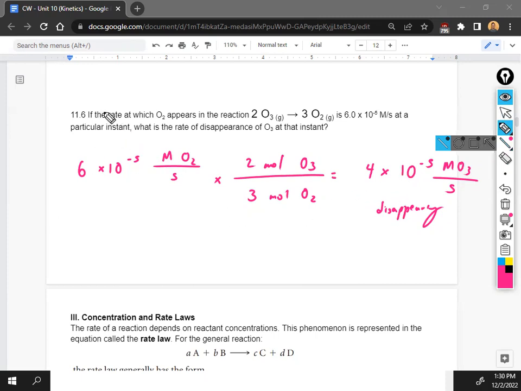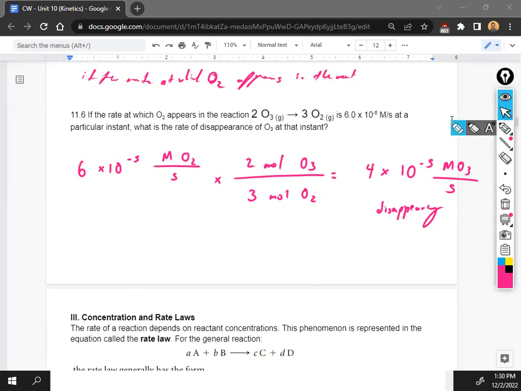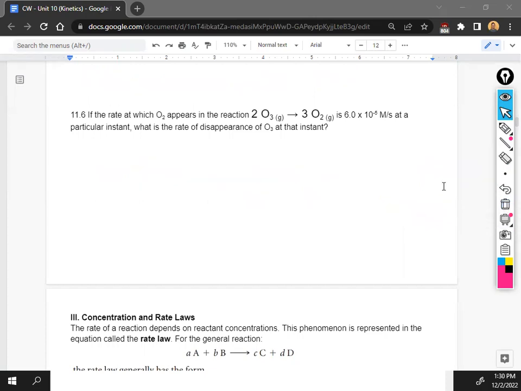So I'll just copy this down, okay? This is what my real handwriting looks like. I'm just copying this right here. If the rate at which O2 appears in the... I didn't finish writing the reaction, but I don't know, they figured it out.